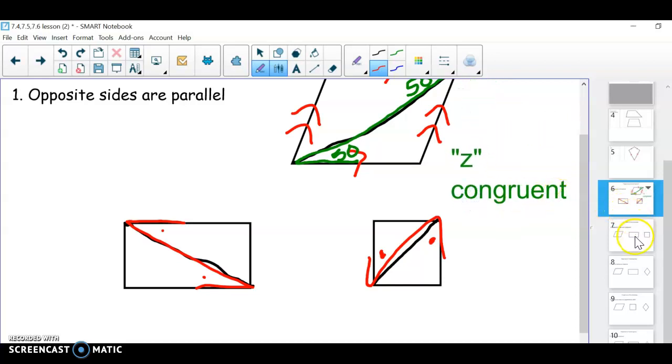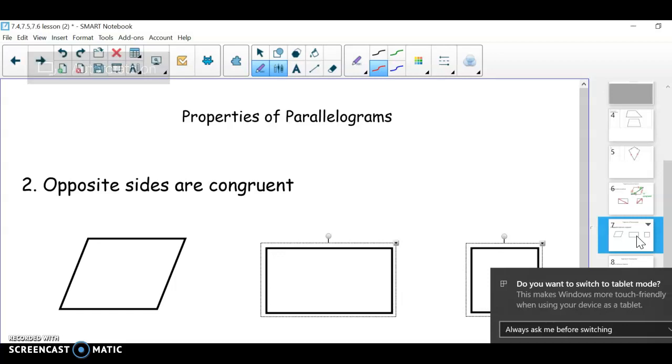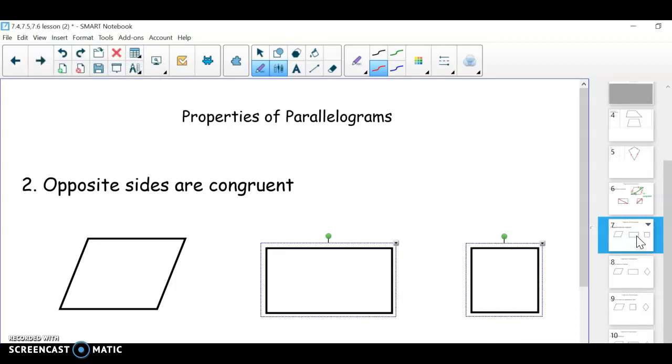All right, so the next property is opposite sides are congruent. What that means is that I could mark this side congruent to this side and this side congruent to this side. So we know that the two top segments and the two side segments are going to be congruent.